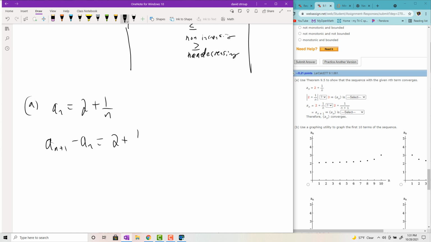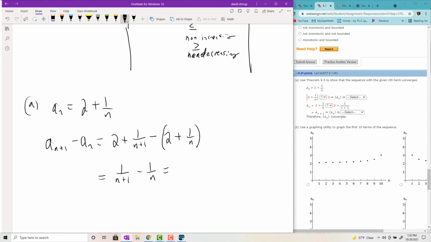So you get 2 plus 1 all over n plus 1 minus 2 plus 1 over n. Ultimately, we want to compare that to 0, and it's exactly what they're doing here. It's just they keep a sub n plus 1 on one side and a sub n on the other side and compare those. It's the same spiel. So if you distribute the negative, the 2's will cancel. You'll have 1 over n plus 1 minus 1 over n.